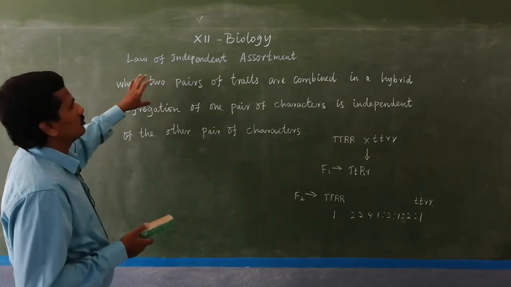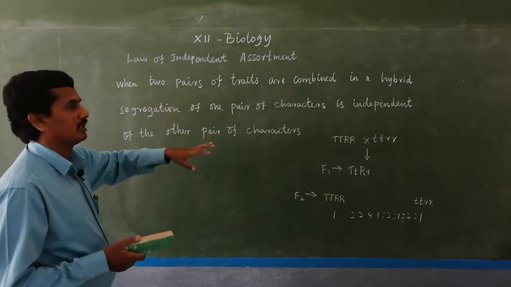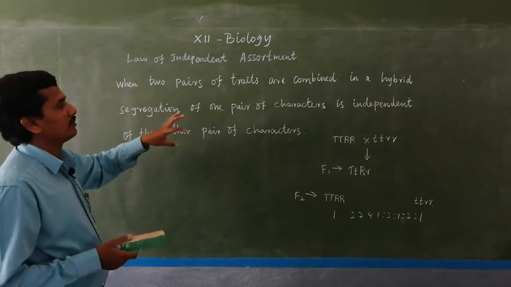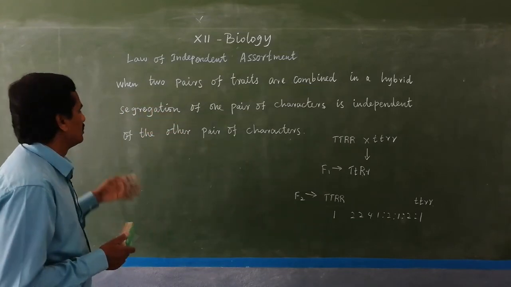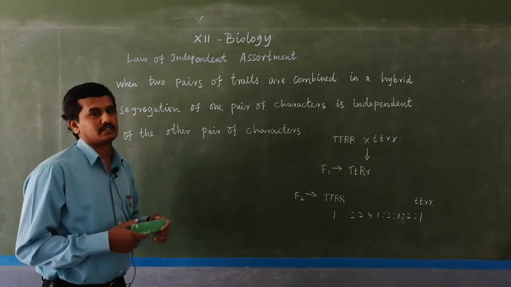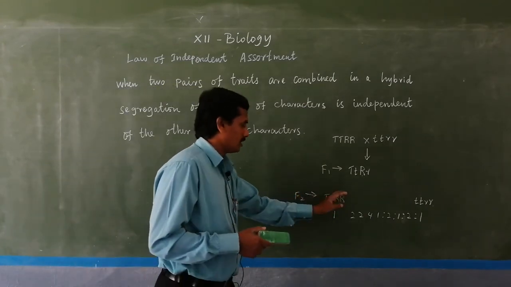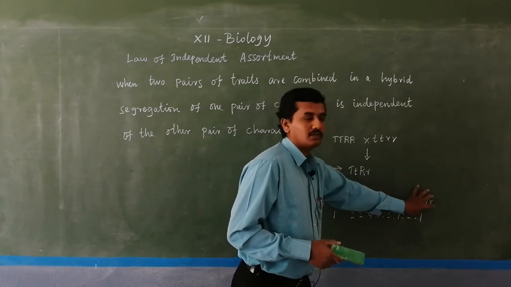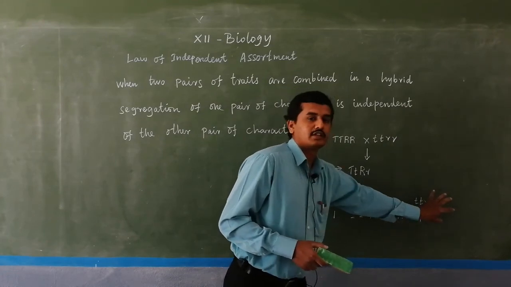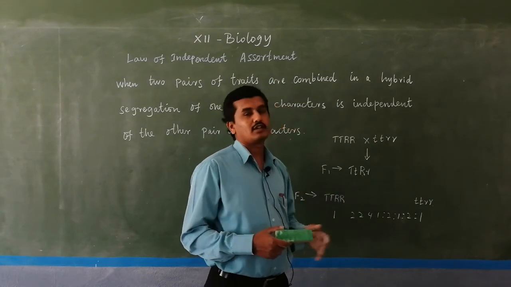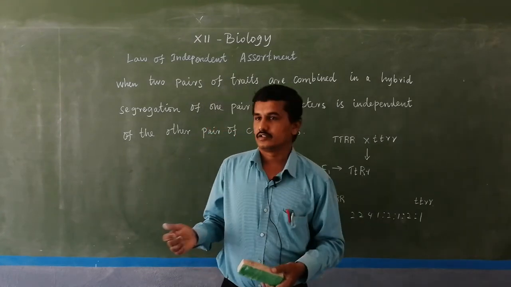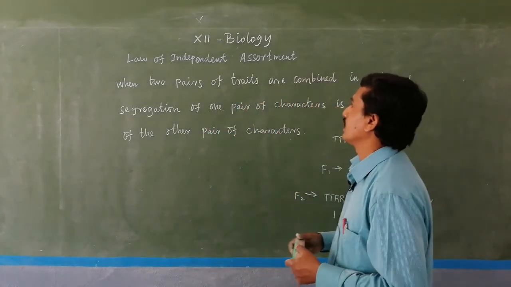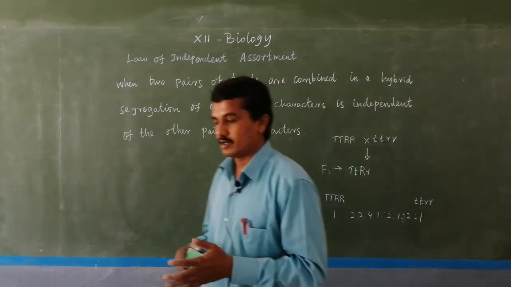So the law states that when two pairs of traits are combined in a hybrid, segregation of one pair of characters is independent of the other pair of characters. One pair of characters is independently segregated, and the remaining characters are present. Okay, this is known as the law of independent assortment.